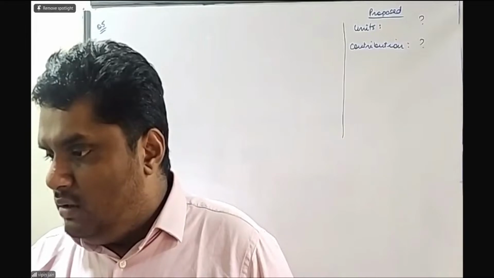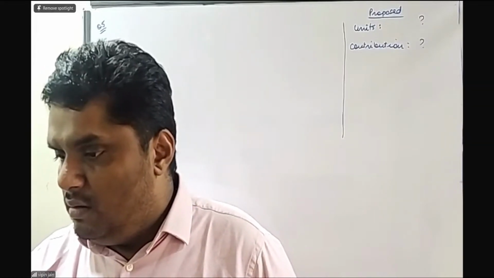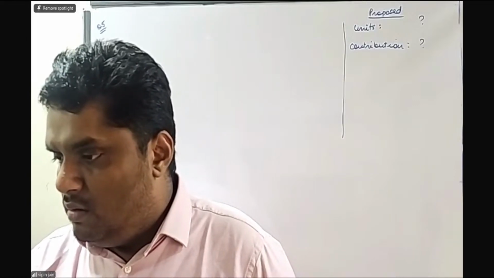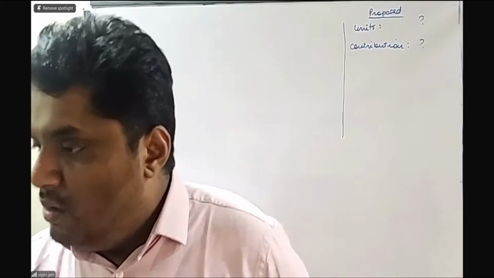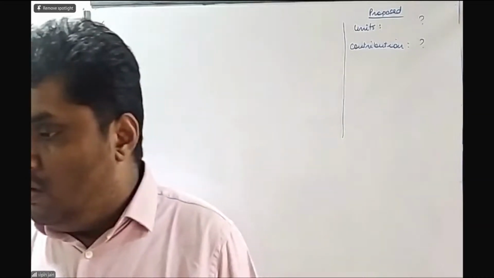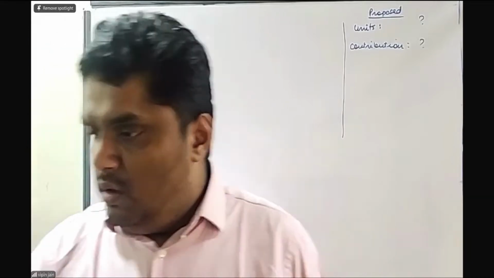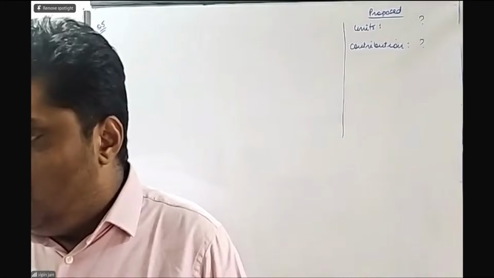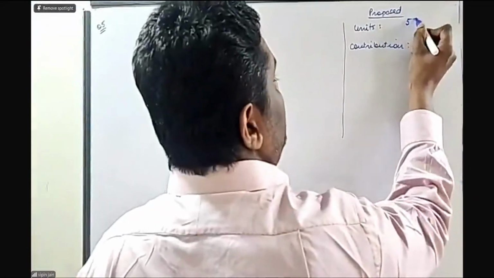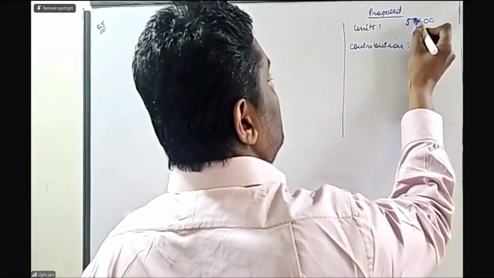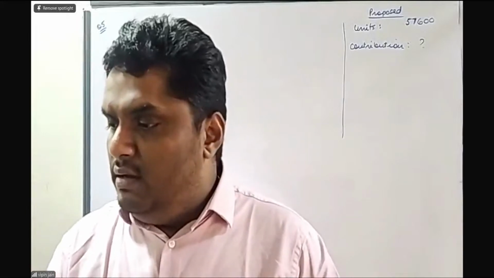Shiva Kumar, Sarthak, Vaishnavi, it is incorrect, Bhaskar. The units are 57,600. Those who are getting this answer, you can proceed for the calculation of contribution. Rest all keep trying.